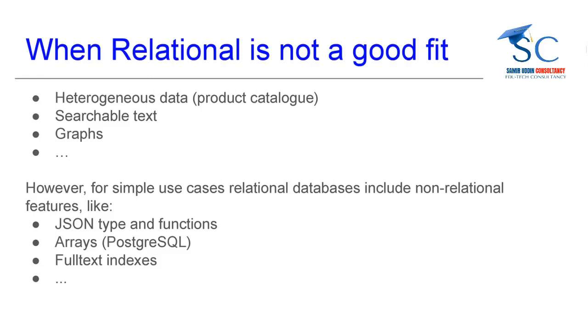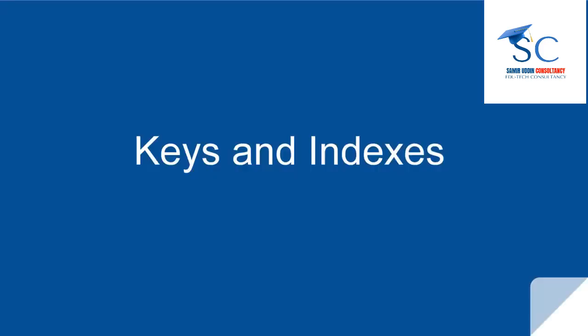Examples of these features are inserting JSON data into relational tables, having a proper JSON type and JSON functions, using arrays, which is a very old feature from PostgreSQL, for example, and also full text indexes, and so on.